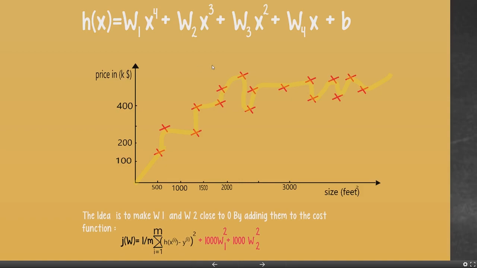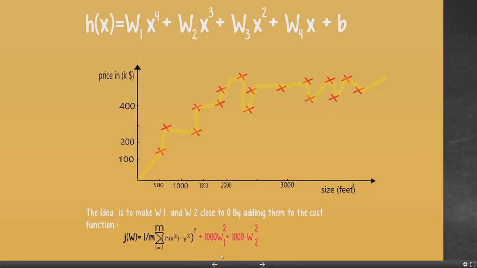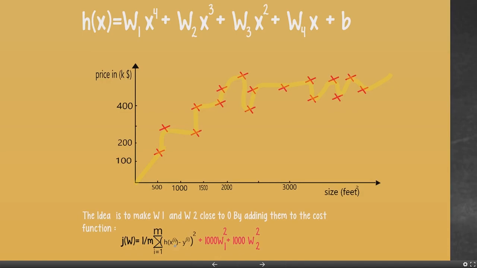But you're gonna ask why we add it specifically to the cost function that we studied already. This is the mean square cost function, because we are talking about linear regression, of course. You know that our goal with the cost function is to minimize it.